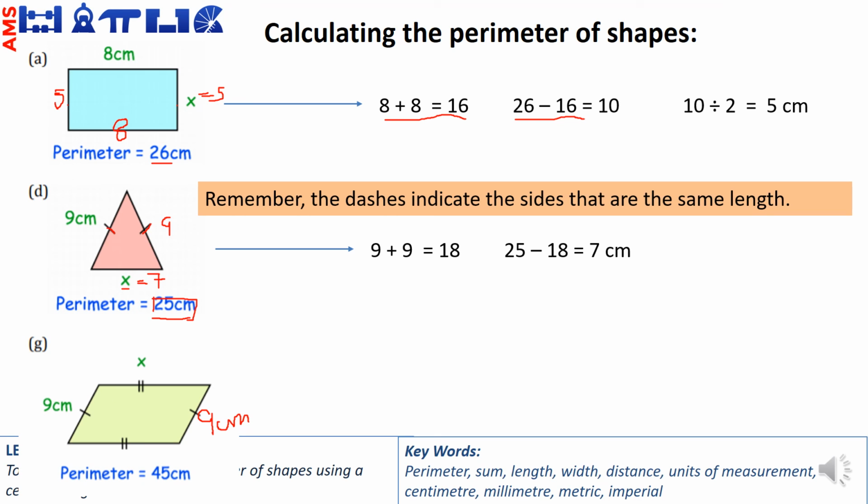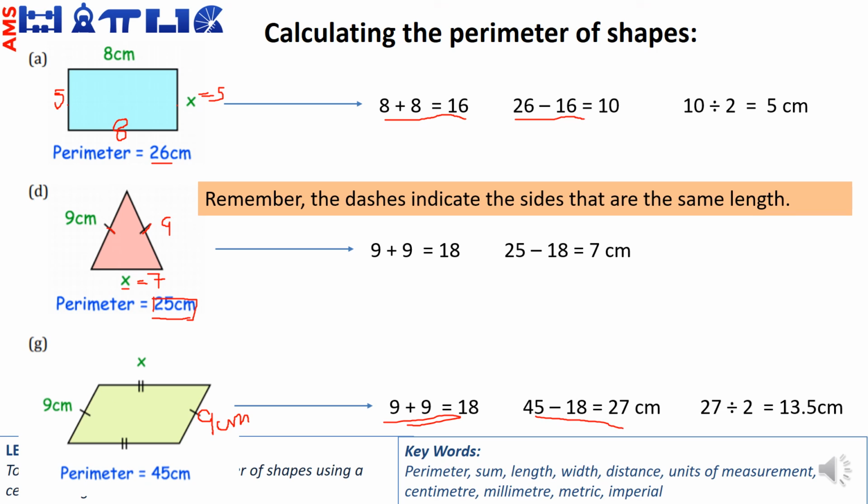We would add them together to get 18. Then we will subtract what we know, the 18 centimeters, from the 45 centimeters which was given for the perimeter, and we get a total of 27.